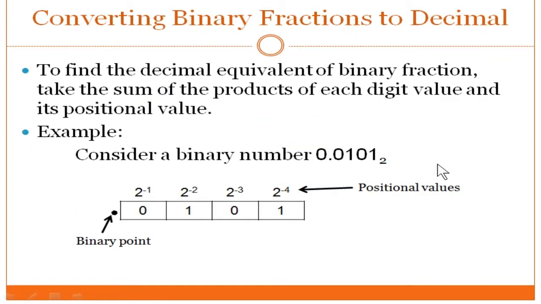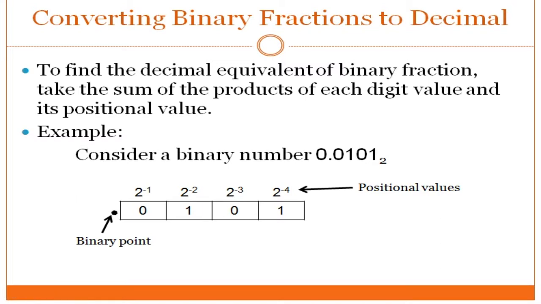Next you are going to convert binary fraction to decimal. To find the decimal equivalent of a binary fraction, take the sum of products of each digit value and its position value. Same here also you are going to multiply, but the only difference is you are going to use it for the digits after the decimal point. Before the decimal point you started with 2 to the power 0, and then you went on like that, 2 to the power 1, 2 to the power 2, like that.